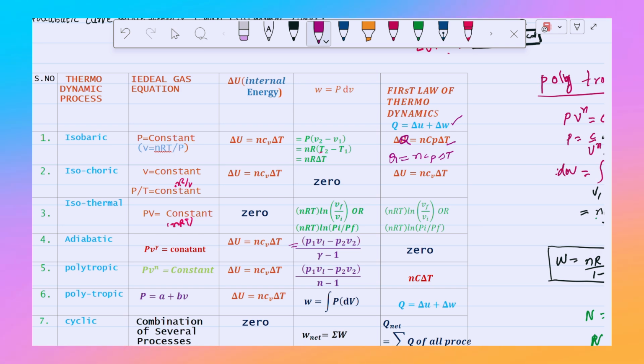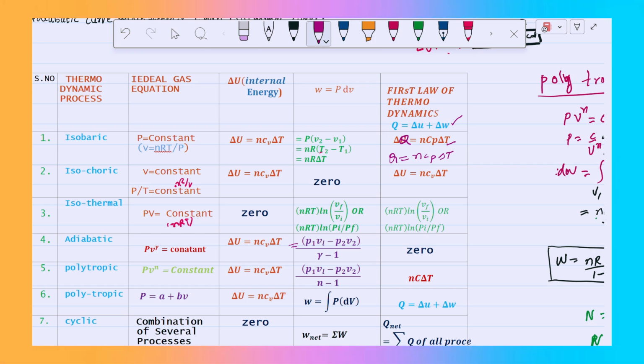So this is the table. Remember this. Isobaric is given, isochoric is given, isothermal or adiabatic, depends on what is asked. Work done means this formula, or here this can be nRT.